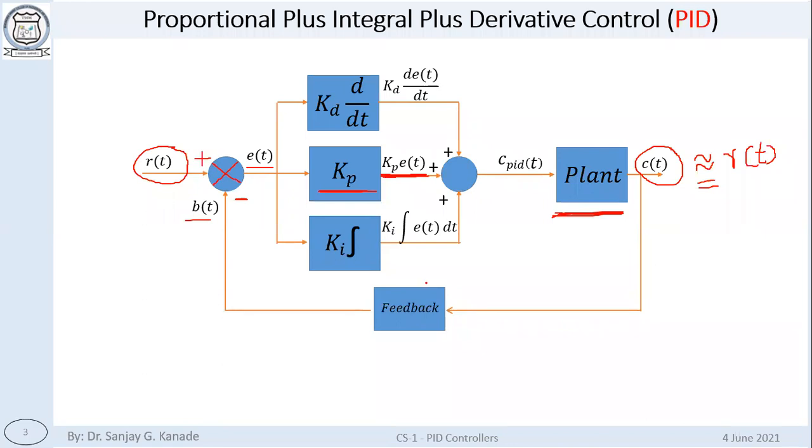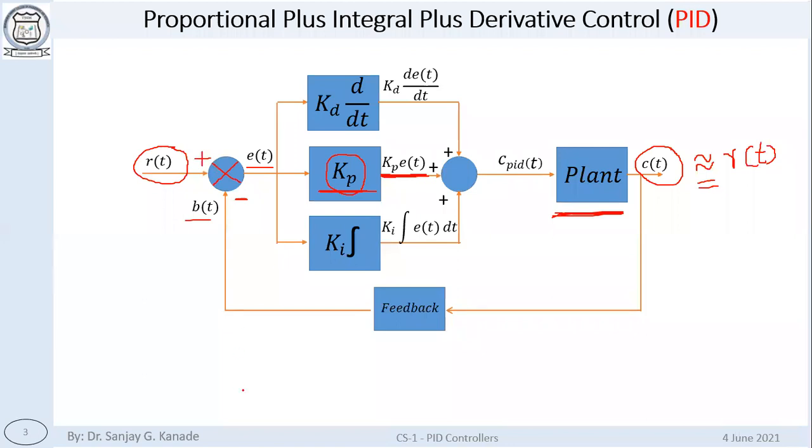There is a direct relationship, just multiplication by a constant Kp, p indicating that this is a proportional constant. The output of the proportional controller is directly proportional to the input. The input to the controller is the error signal, so the output is Kp multiplied by e of t.